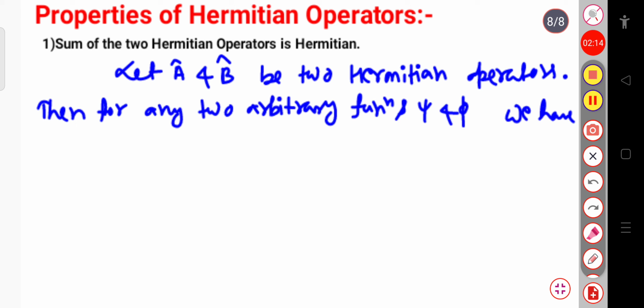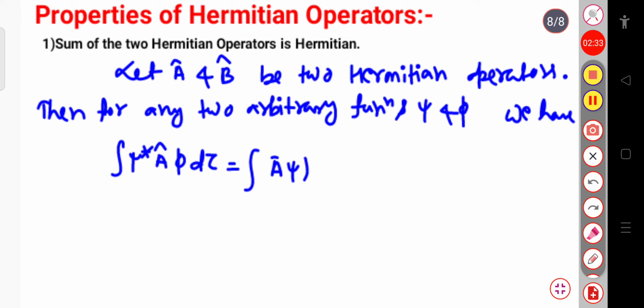Since A cap and B cap are Hermitian operators, we can write the integral of psi star A cap phi d tau, where d tau is the volume integration, equal to the integral of A cap psi whole star into phi d tau.